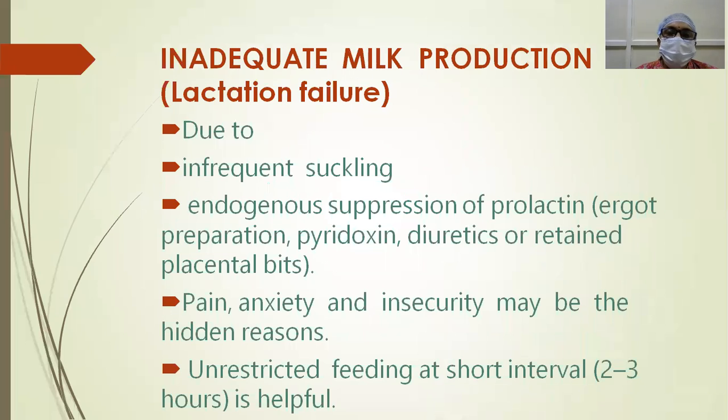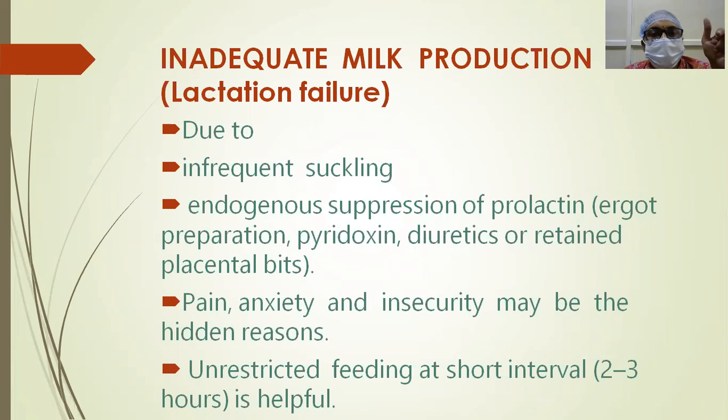Sometimes there is inadequate milk production, which is called lactation failure. This occurs because of infrequent suckling. As we talked about previously, suckling is very important for milk production; only then is the prolactin released.